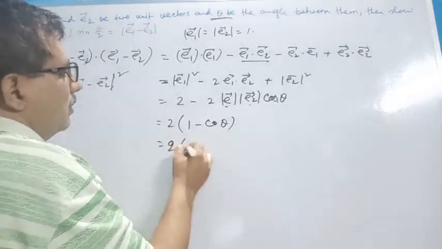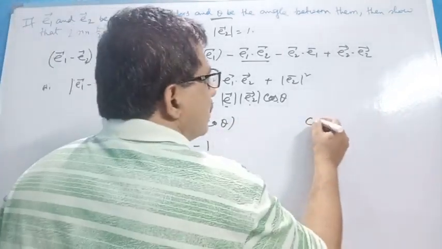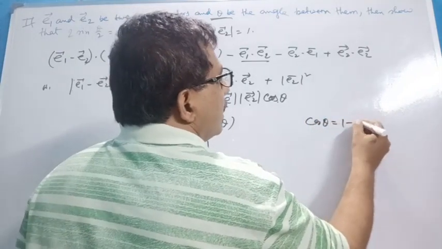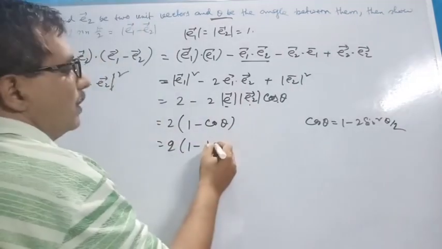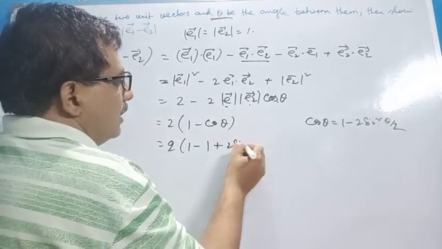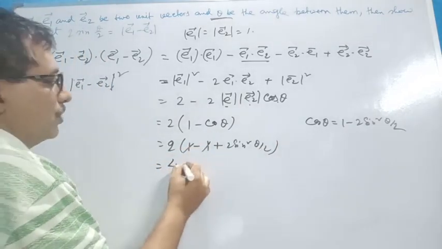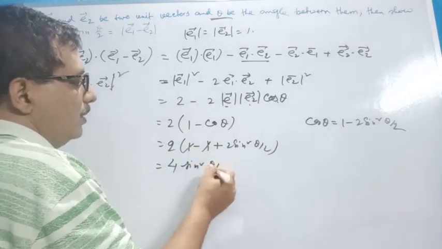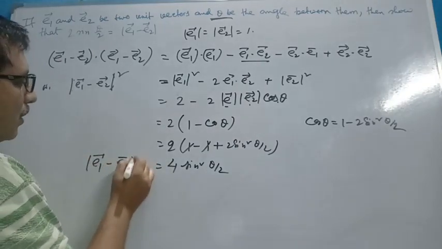This is nothing but 1 remains the same. Cos theta means, using this formula, 1 minus 2 sin square theta by 2. So 1 minus minus plus 2 sin square theta by 2, and 1 minus 1 cancel out. So we get 2 twos are 4 sin square theta by 2. This is mod of E1 minus E2 whole square.